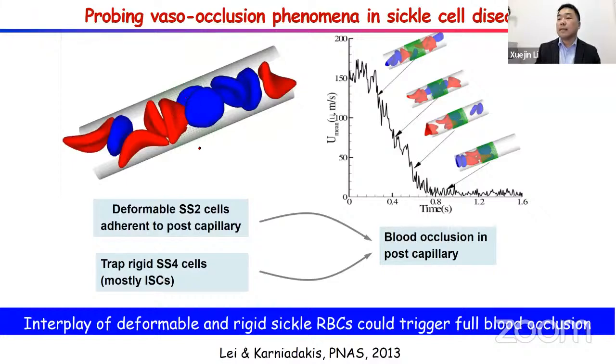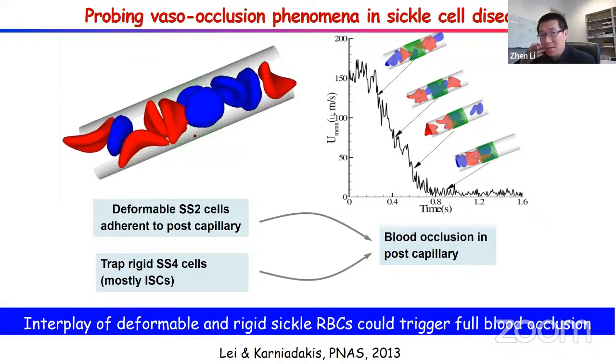Then it will make the effective size of the blood vessel smaller, and this can trap the rigid sickle cells. And this will lead to the blood occlusion finally.